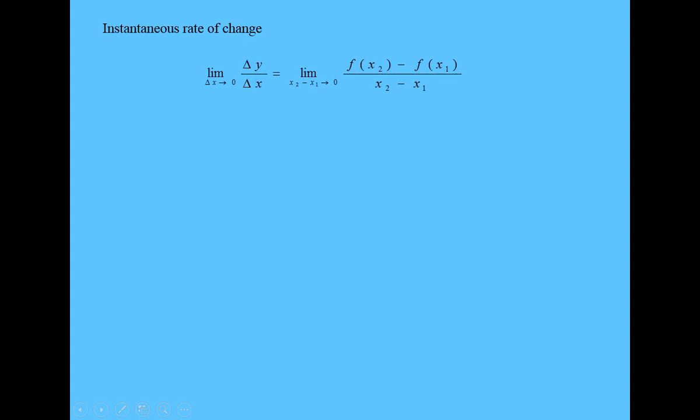Instantaneous rate of change. We know that if we take delta y over delta x, which is the difference quotient, and we take the limit as delta x goes to 0, we get our instantaneous rate of change.